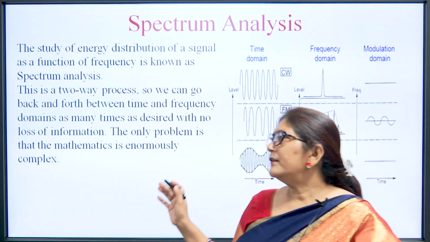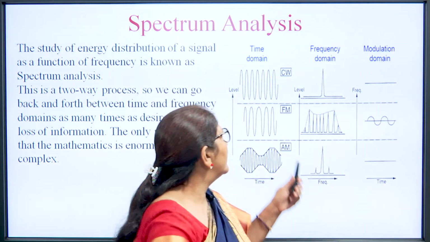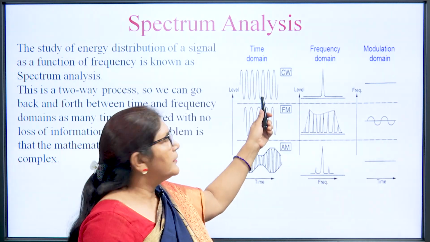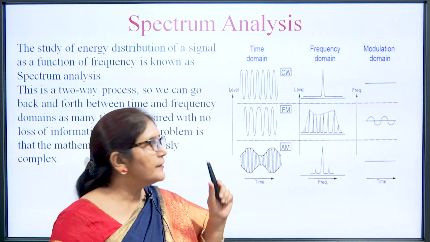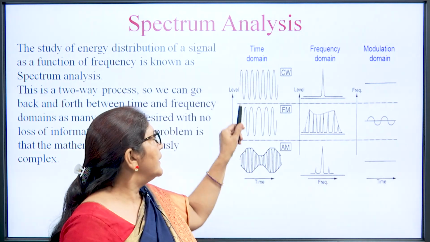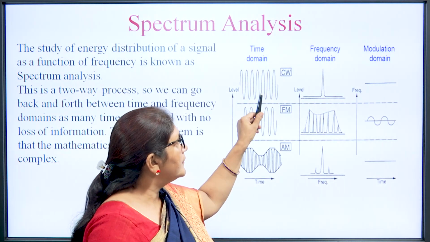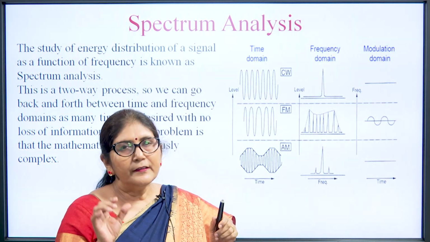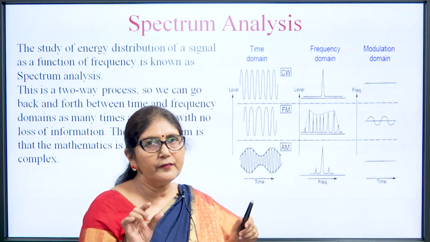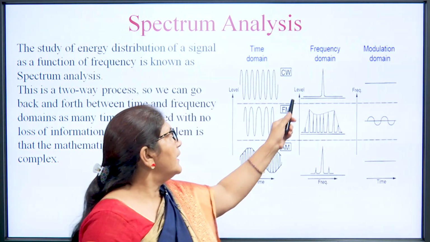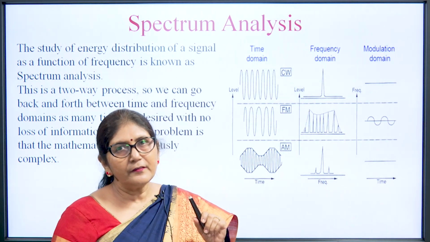Here this is the time domain signal. Suppose this is a continuous wave. If we see this signal on a CRO, it will be seen this way. But if we want to analyze the spectrum of the signal, meaning at what frequency it is producing the amplitude, then frequency domain analysis is done.